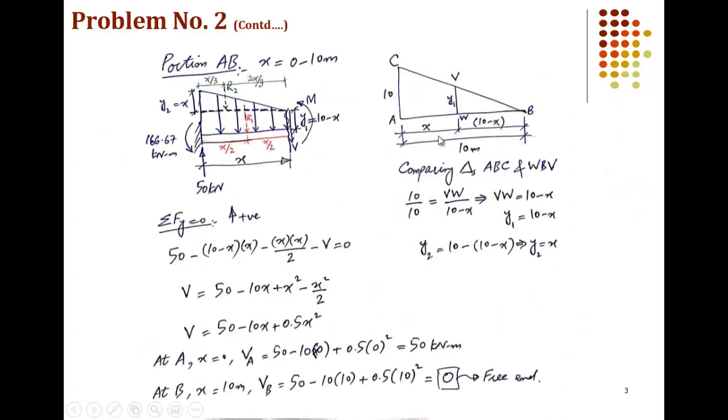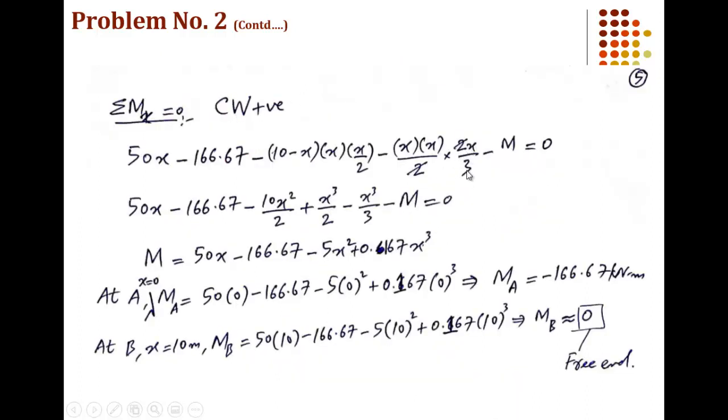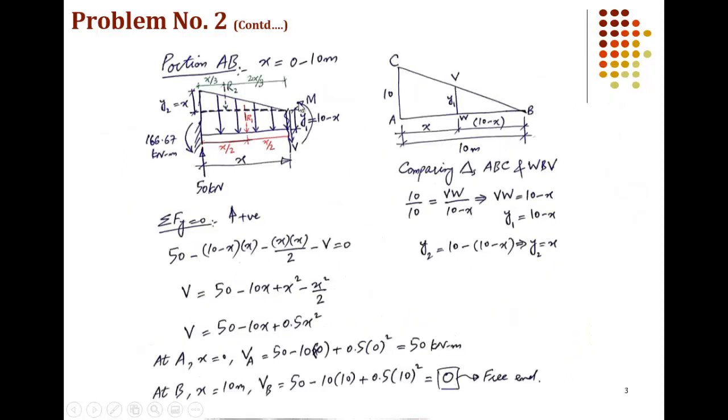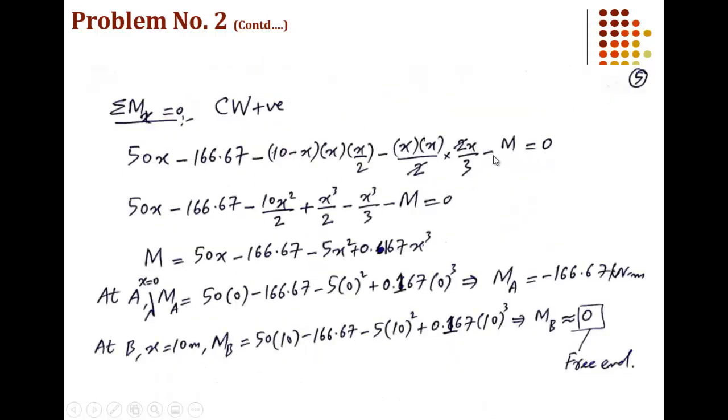And then what is the location of the resultant with respect to the section? It is 2x divided by 3 because this resultant will pass through the centroid of the triangle. So into 2x by 3, and then minus M, this moment, it is in counterclockwise direction, so we'll take minus M, and that is equal to 0.